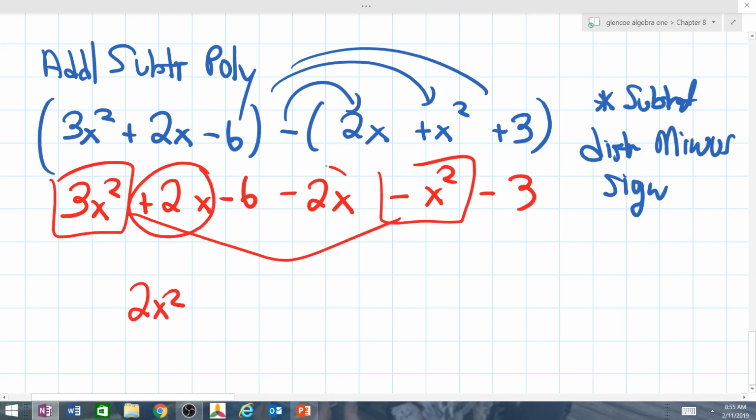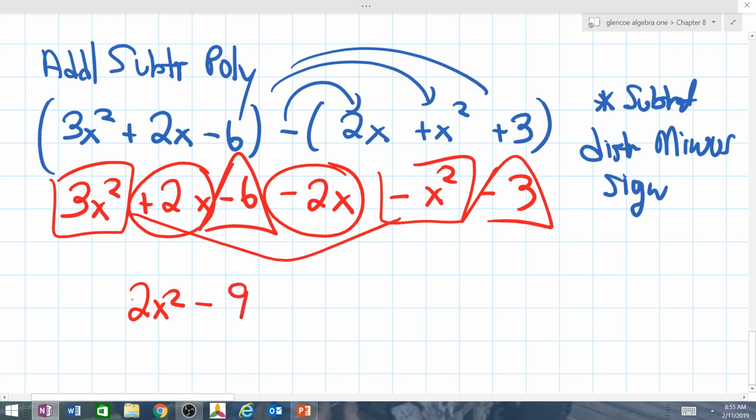I have a 2x minus 2x, which gives me what, guys? 0. And I have a negative 6 minus 3, which gives me a minus 9. Final answer. Do y'all remember doing this? Okay, let's try another one.